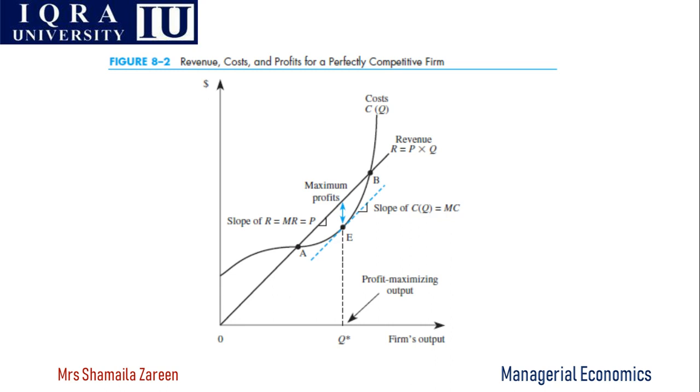Note that for output levels to the left of point A, the cost curve lies above the revenue line, which implies that the firm would incur losses if it produced any output to the left of point A. The same is true of output levels to the right of point B. For output levels between point A and point B, the revenue line lies above the cost curve.